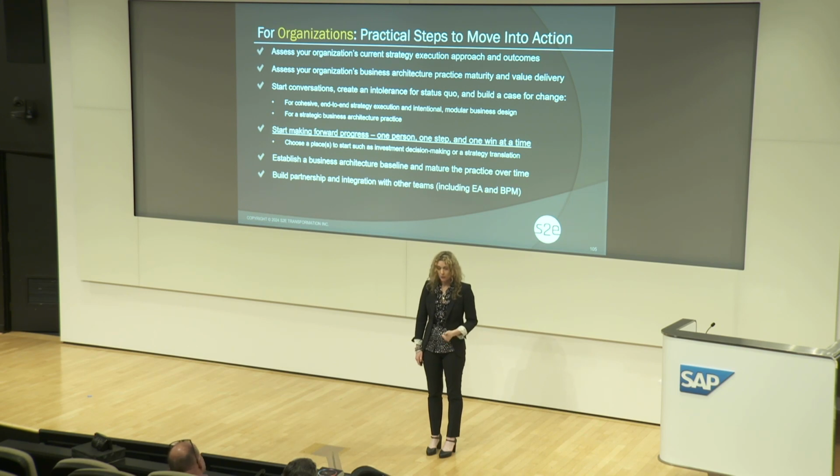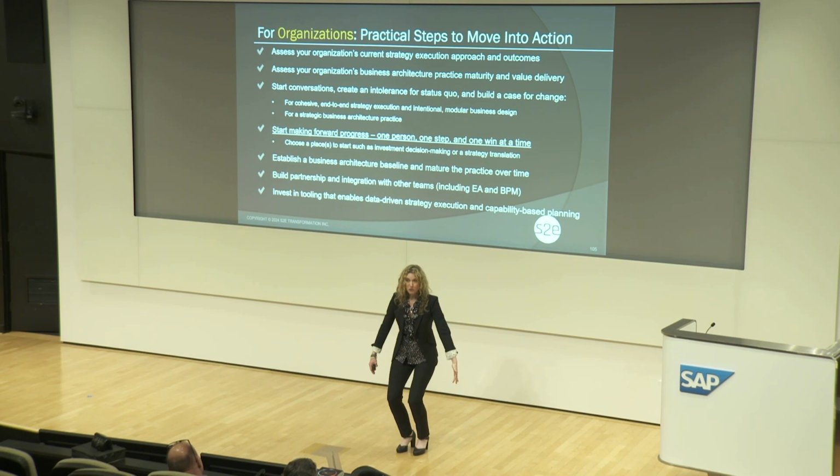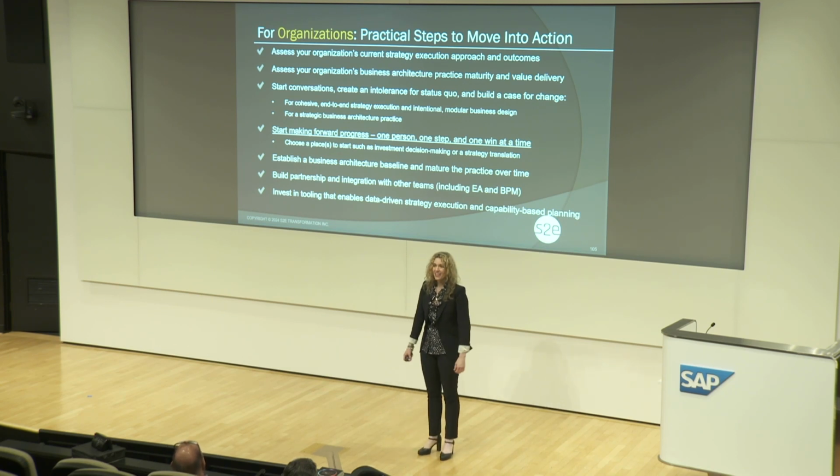Build partnership and integration, and of course, to make all this work, all these cool ideas, it does require tooling that enables data-driven strategy execution and capability-based planning. We can do a lot, and we always start where we can start. Right? So if you're on VEP, Visio, Excel, and PowerPoint, that's where we start. But to be able to really get the enterprise view and the full data, we do need an automated tool and make business architecture for everybody.